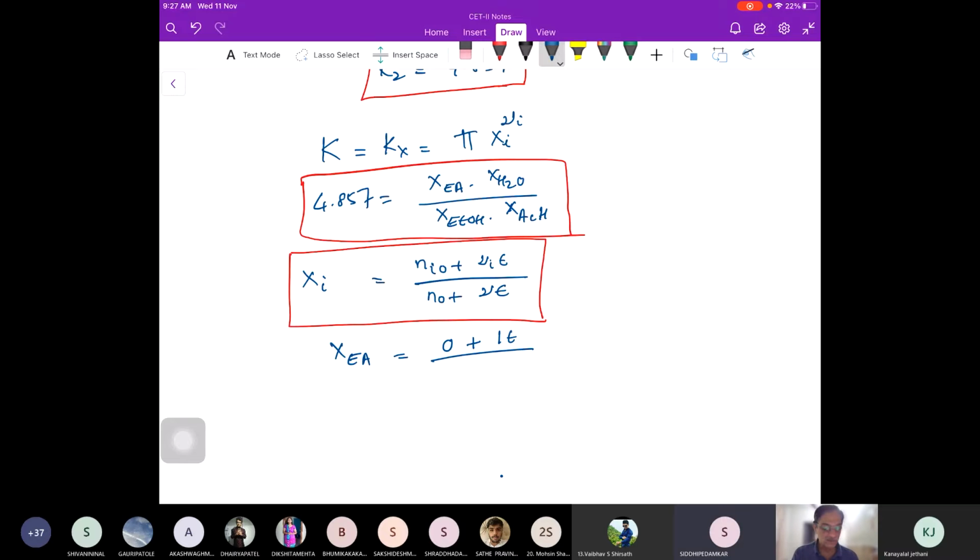N0, initial moles, is 2: 1 mole of ethanol and 1 mole of acetic acid. Plus nu is how much? 1 plus 1 minus 1 minus 1, so nu is equal to 0. So we get 0 here.